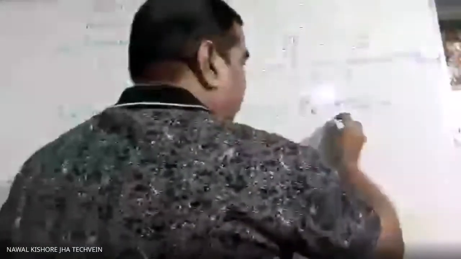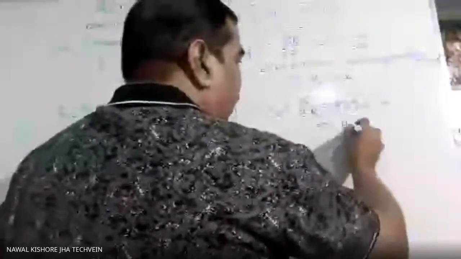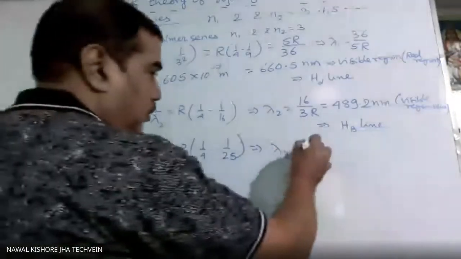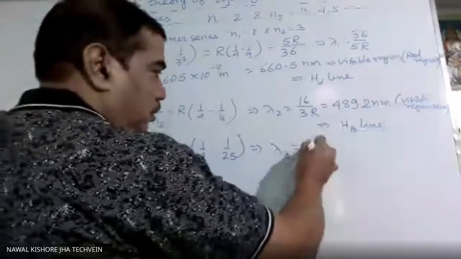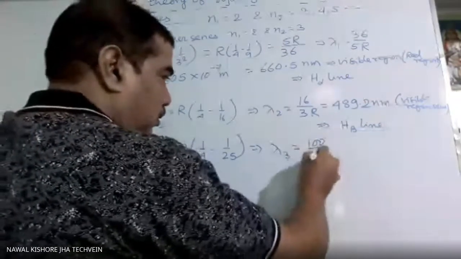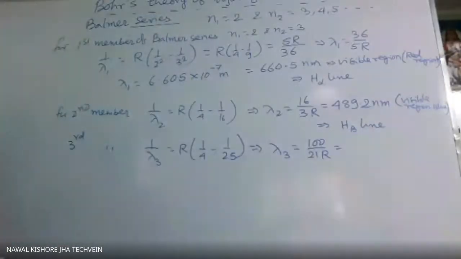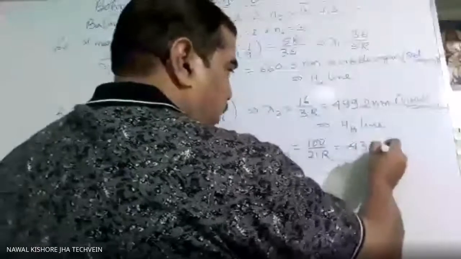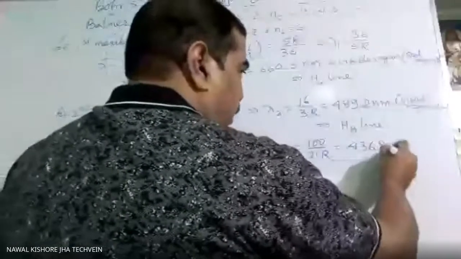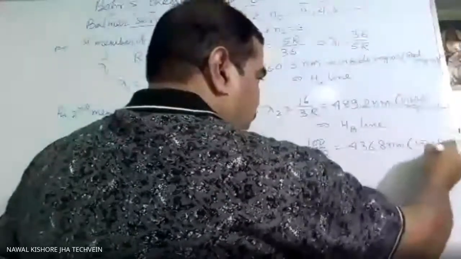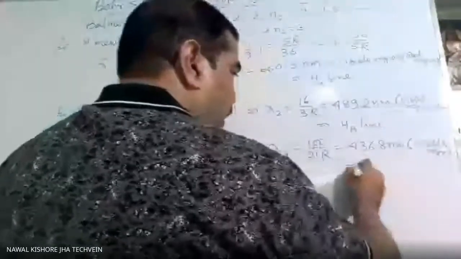This is also in the visible region. This we call the H gamma line.